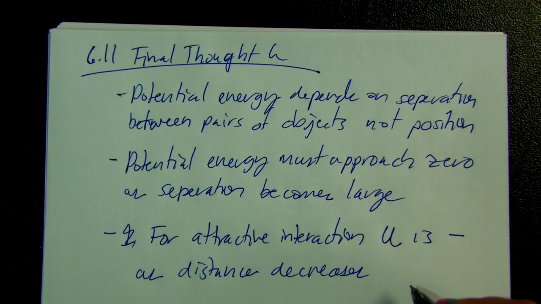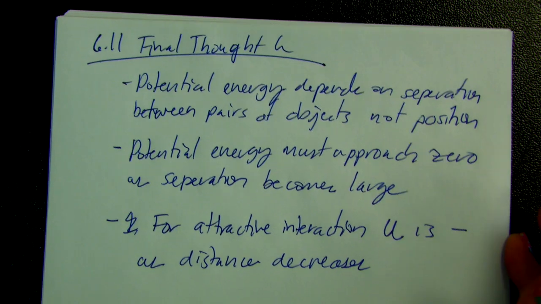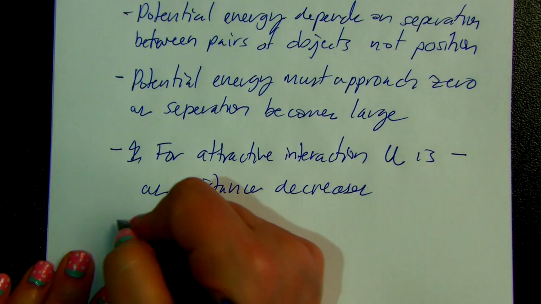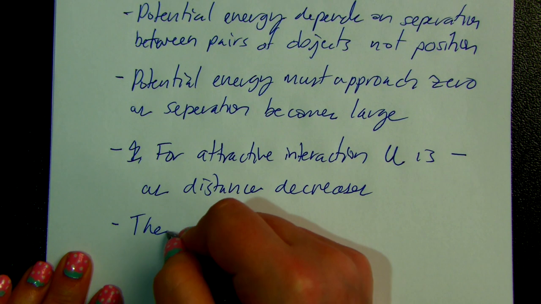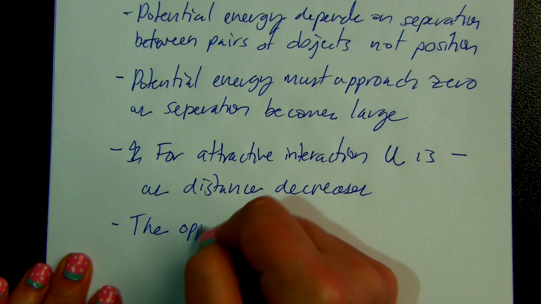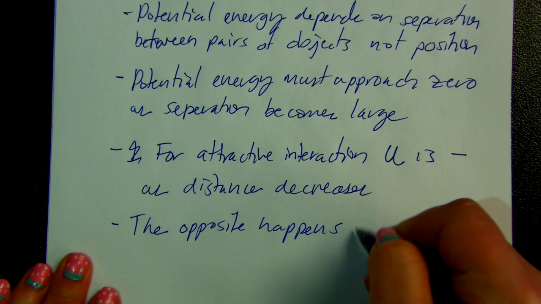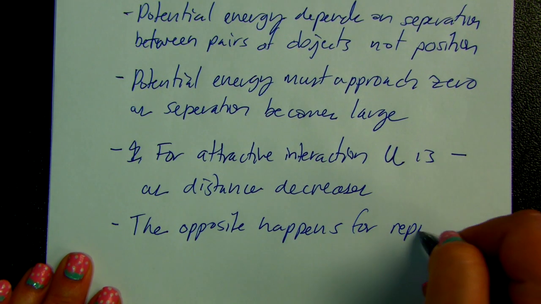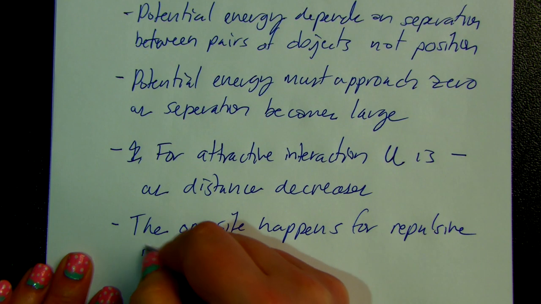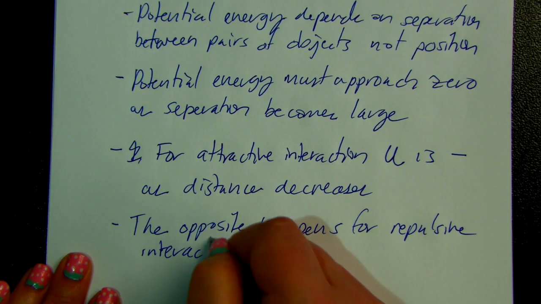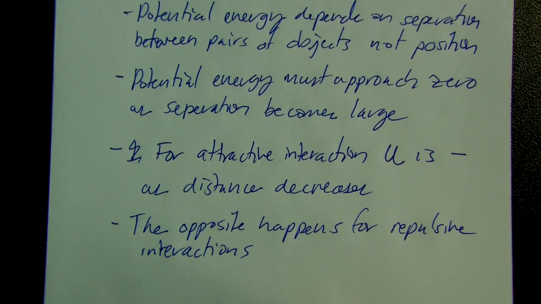So it'll get more and more negative. So that really does work for the Joey-Tribbiani example. The opposite happens for repulsive interactions. Come up with your own funny antecedent there.